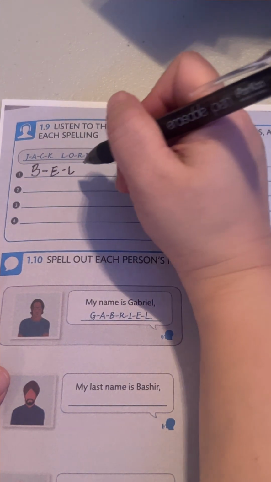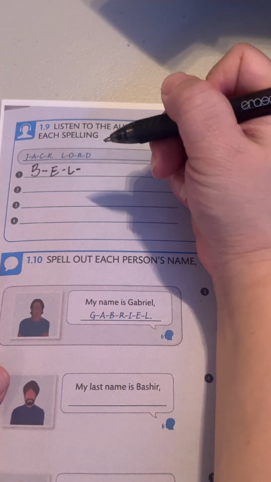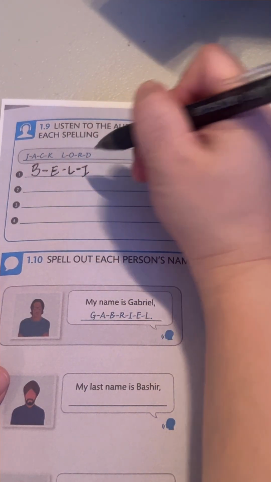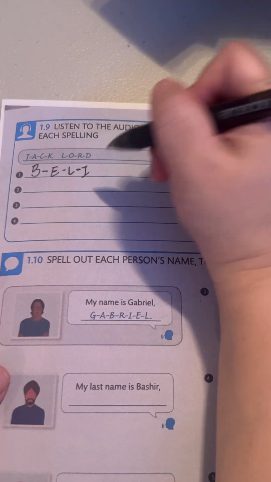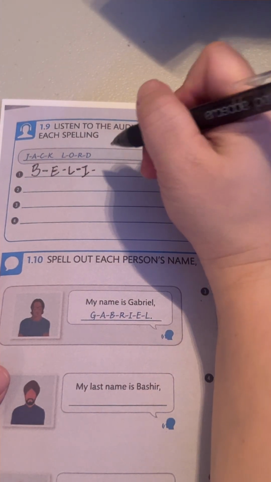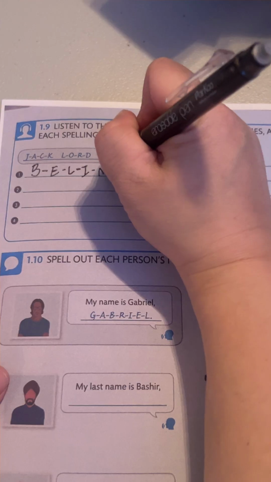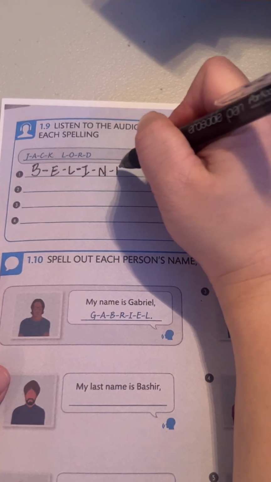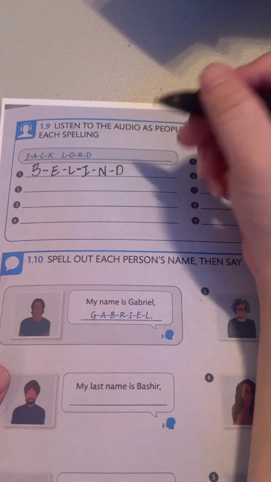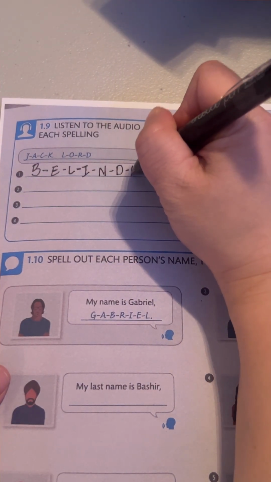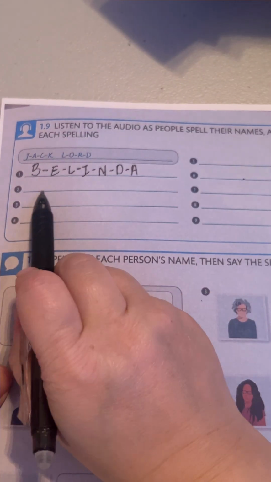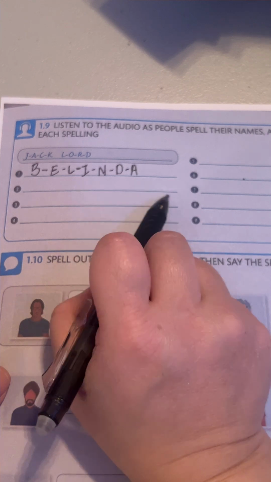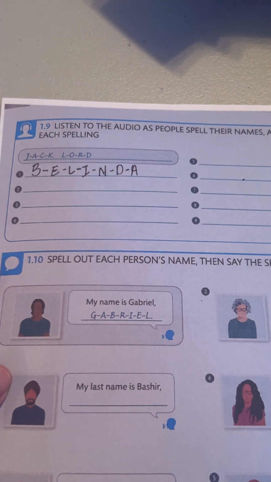And then the next letter, I, which is the I sound. And then next letter, N. Okay. Belinda, which is the letter D. And then A. Belinda.